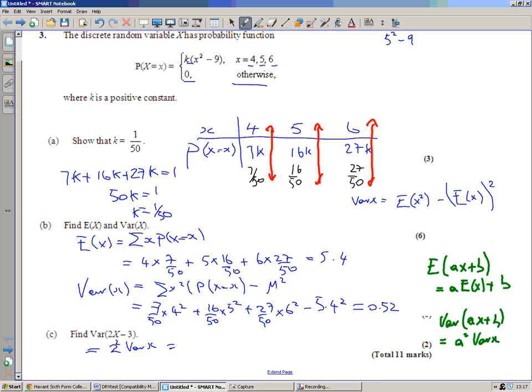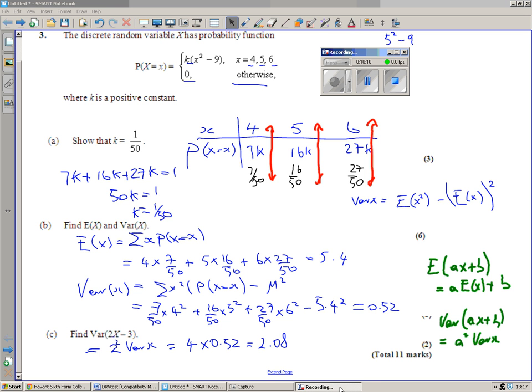So that equals 4 times the variance of x, which is 4 times 0.52, which is 2.08, thank you, making sure I got my arithmetic right. Okay, so that's our third question on discrete random variables.